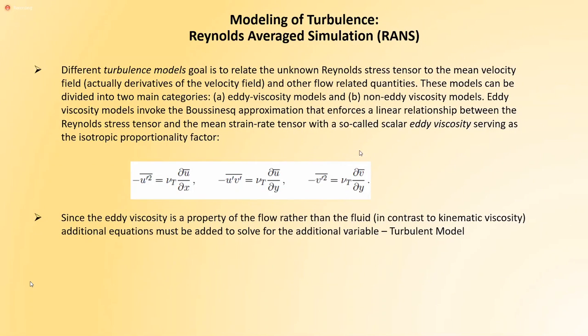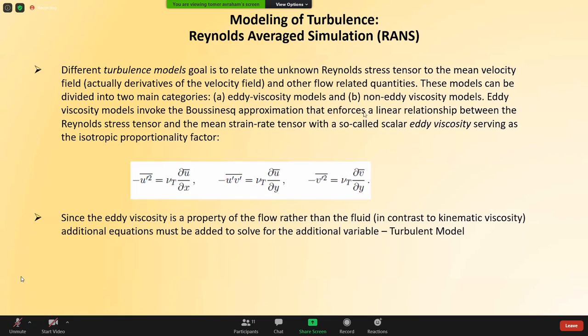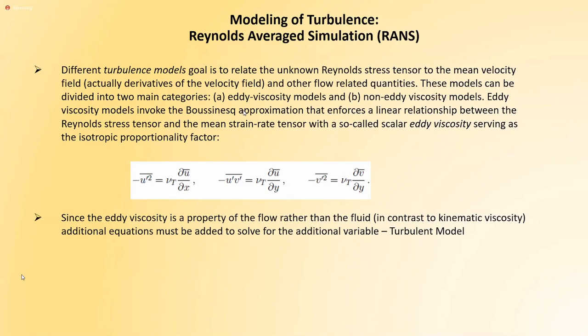Okay, so non-eddy viscosity models are like Reynolds stress models. It's written here Boussinesq approximation, but it's Boussinesq hypothesis. Boussinesq approximation is a whole different thing. It's what we talked about with the buoyancy.